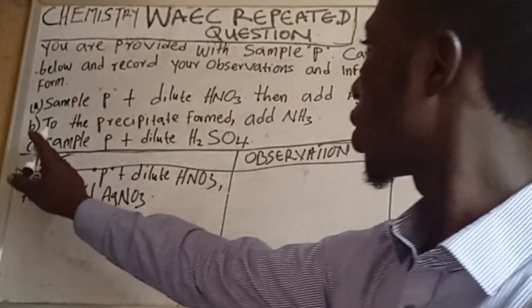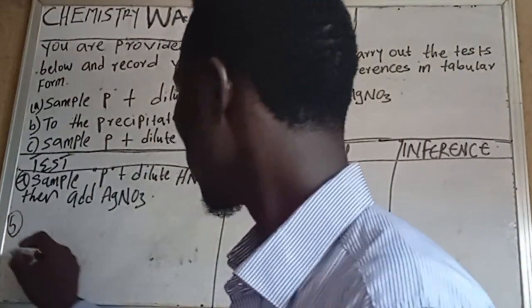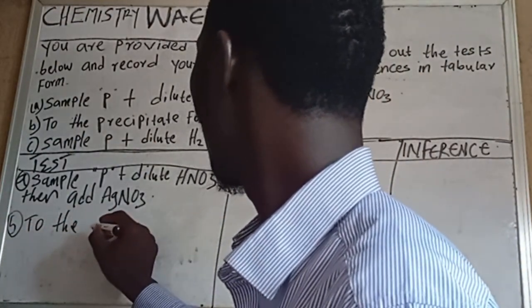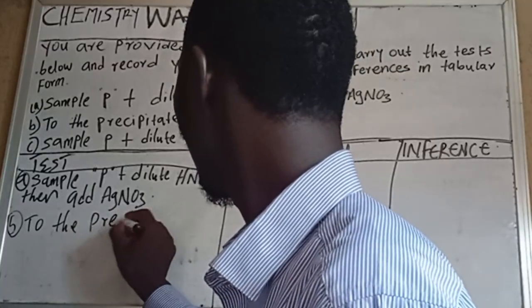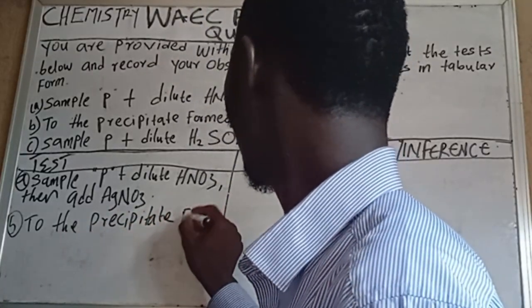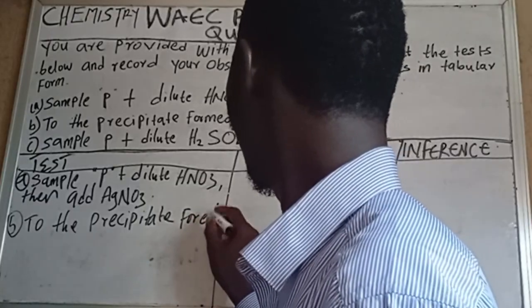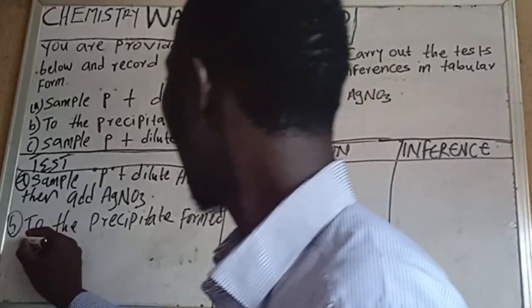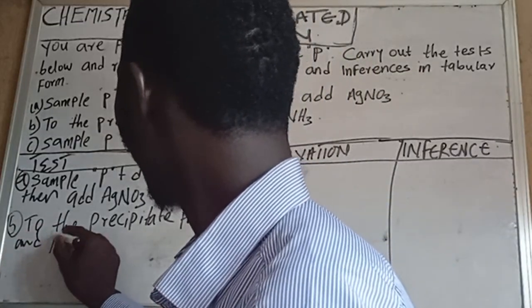Our question B is: to the precipitate formed, add ammonia.